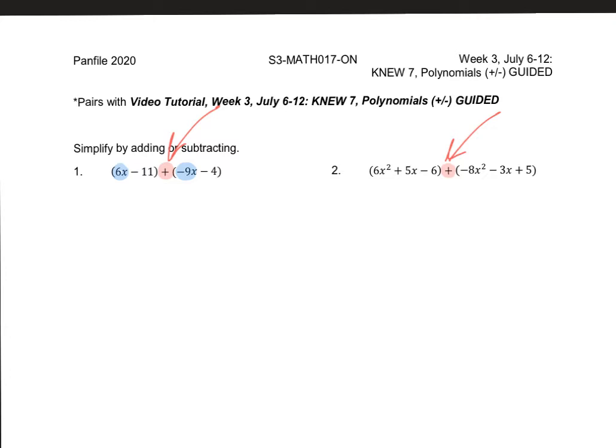So if I owe you $9 and then I pay you back 6, because you see that 6x is positive, I still owe you $3 at the end of the day, right? So I'm going to owe you $3 at the end of the day.